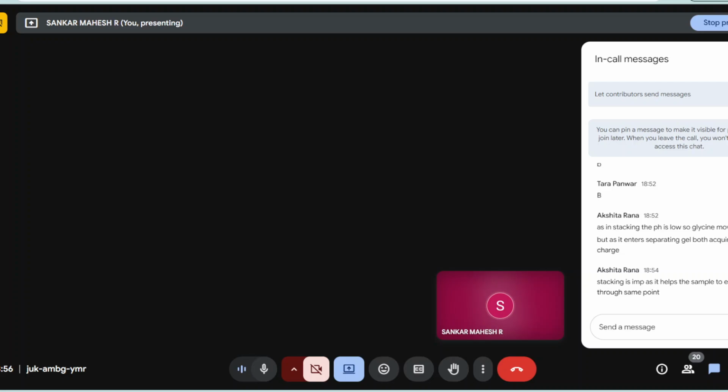Now, like it was mentioned, at pH 6.8, glycine stays back, and your chloride ion pushes the protein to between chloride and glycine, and glycine is slow, that is rate limiting, whereas in your resolving gel glycine is fast.